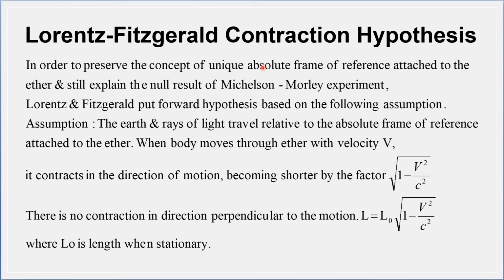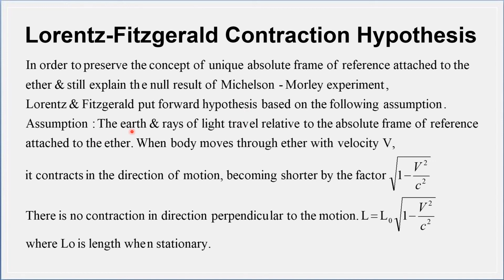So they still presumed that ether exists, and the velocity of the light is not absolute. They still wanted to preserve the concept of an absolute framework attached to the ether, and still explain the Michelson-Morley result. They wanted to keep the ether as a frame of reference and also explain the results of the Michelson-Morley experiment. So they put forward this hypothesis.